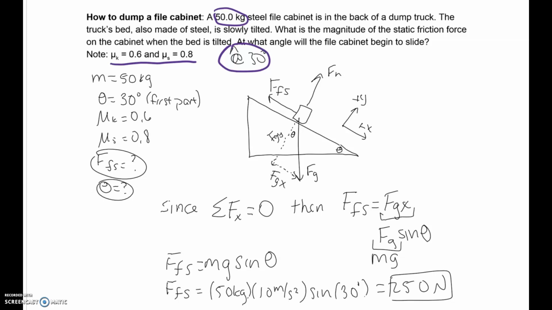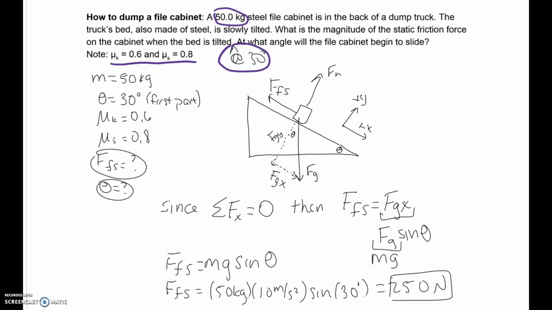Looking at my x direction, we only have 2 forces acting that way. We've got the force of static friction, and we have my x component of the gravitational force. Since they sum to 0, those must be equal to each other. So we have the force of static friction, which is what we're trying to solve for, is equal to my x component of the gravitational force.